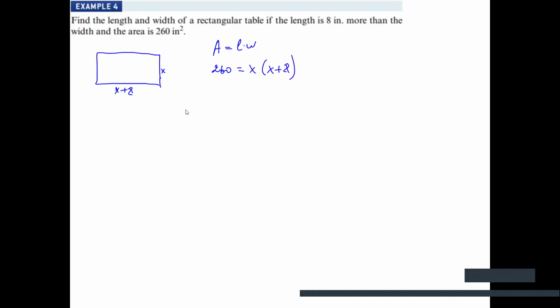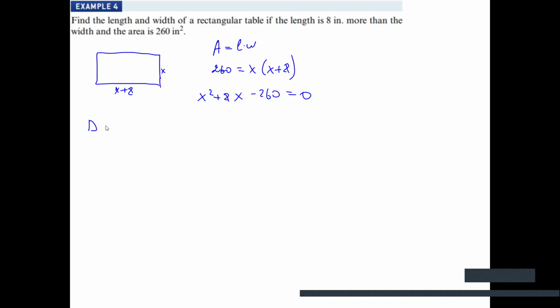So 260 equals x times x plus 8. Now let's open brackets. X squared plus 8x minus 260 is 0. So what do we want? Formula? Let's do formula, right? So D, or we want to complete the square. Well, let's do both.